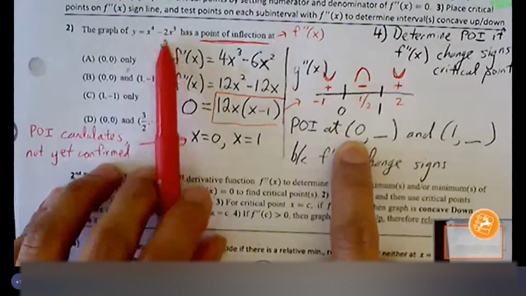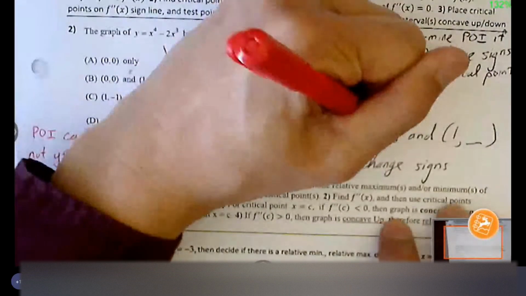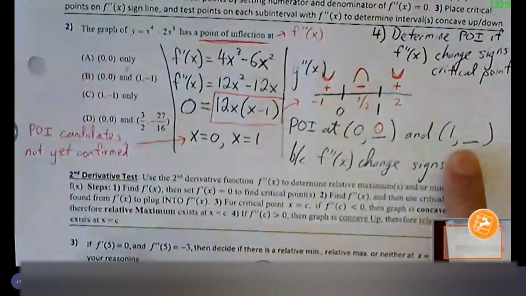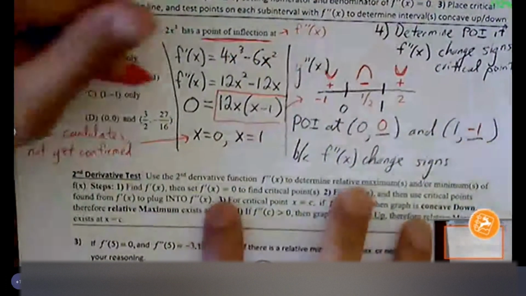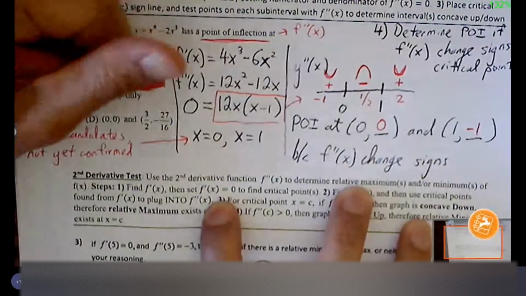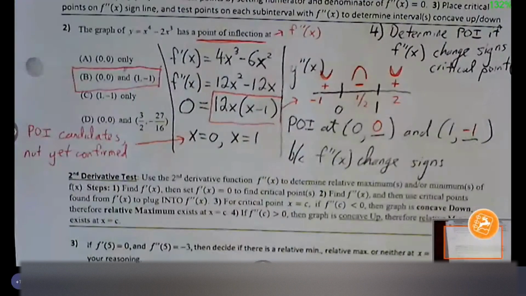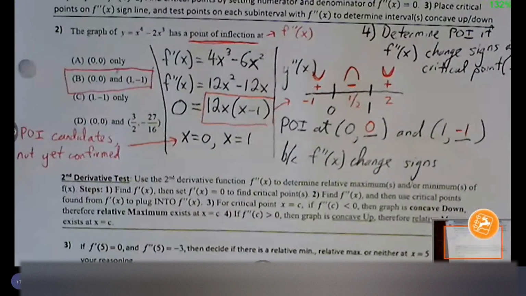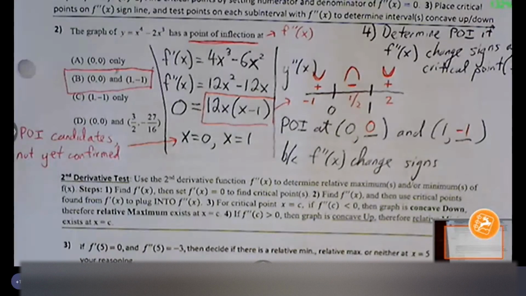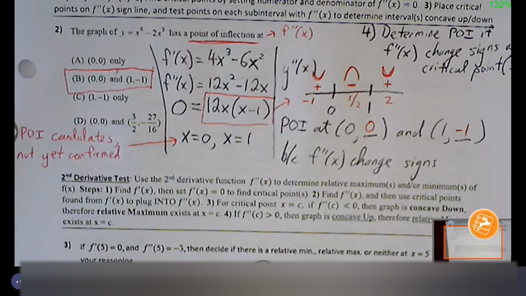So 0 minus 0 is 0. 1 in for x, I get 1 minus 2, which is negative 1. Okay, any questions?